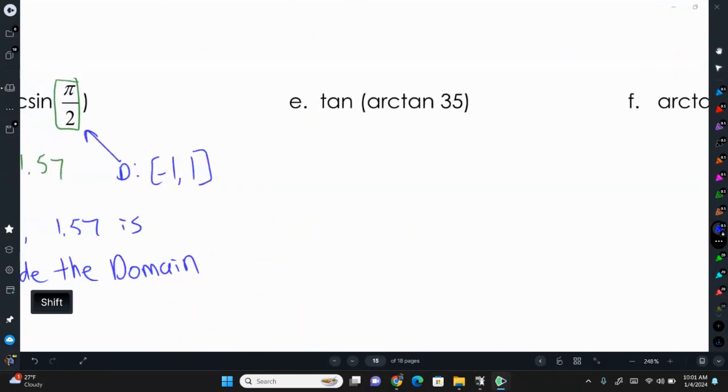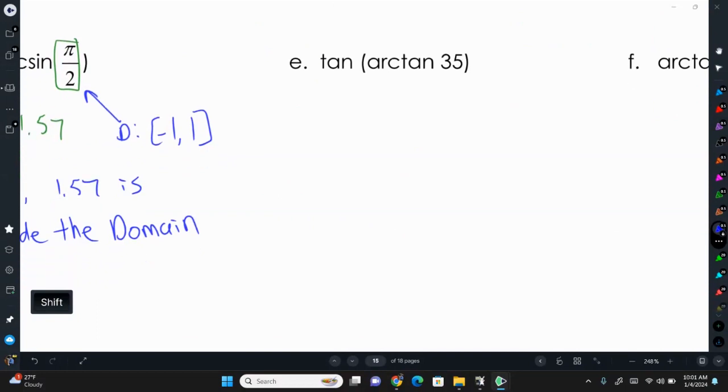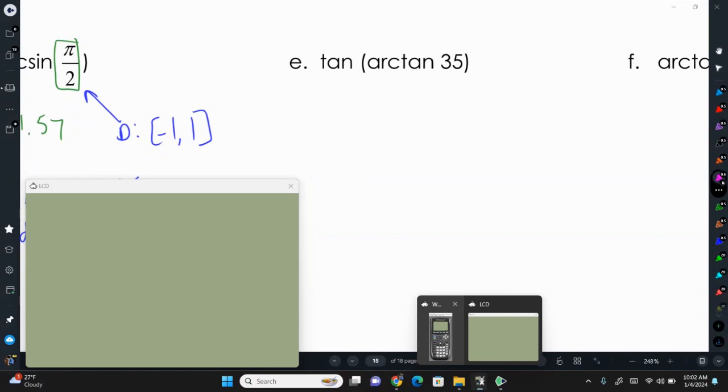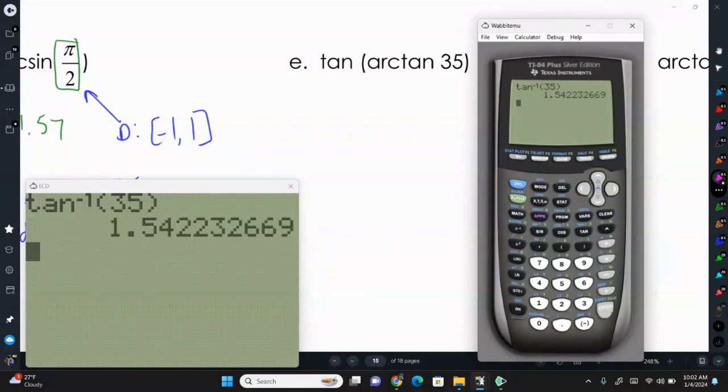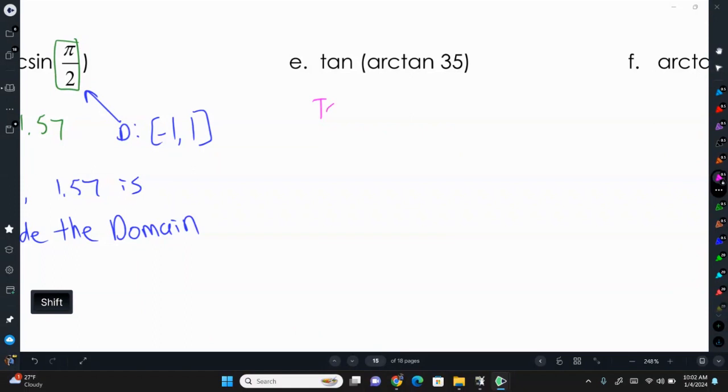Now, letter E, the tangent of the arctangent of 35. So on our calculator, if we do the inverse tangent of 35, we get 1.5422. So it becomes the tangent of 1.5422. Okay, those things were equal.